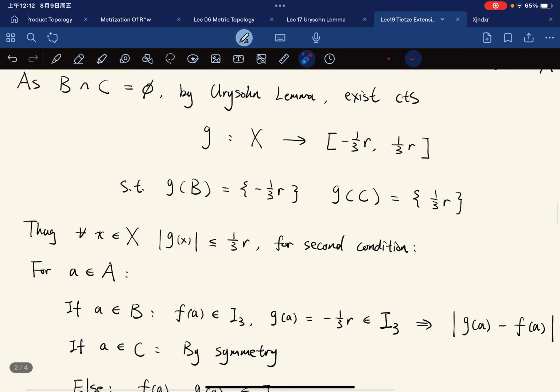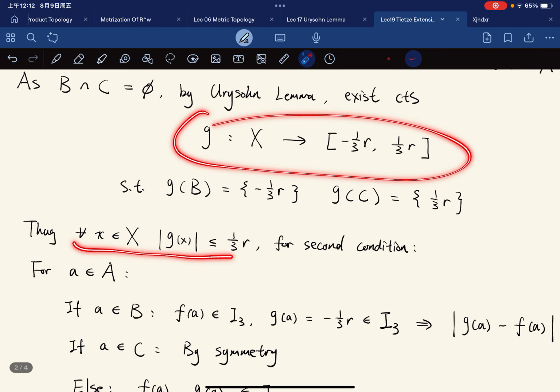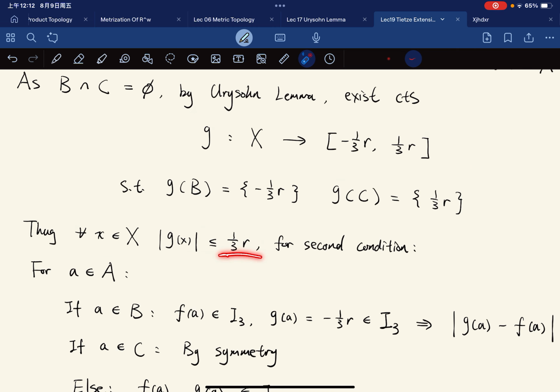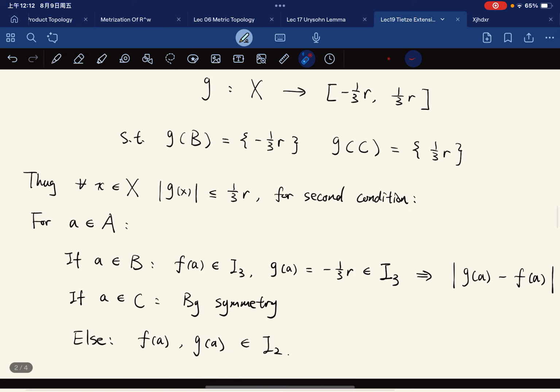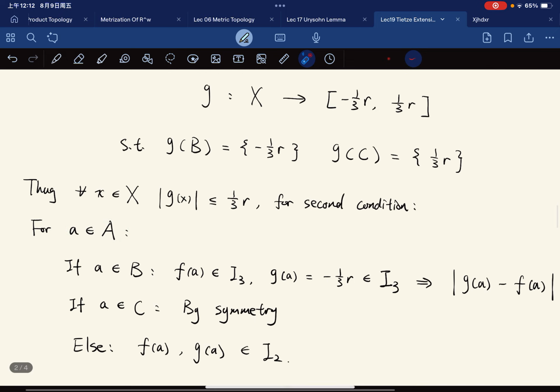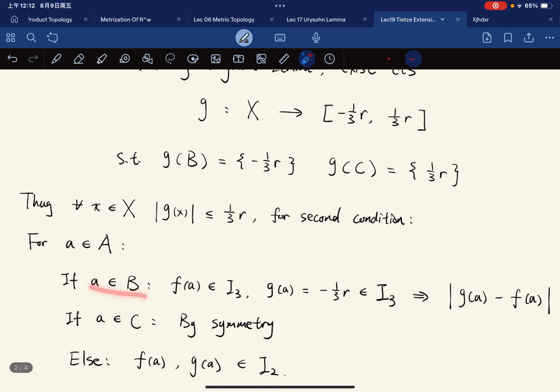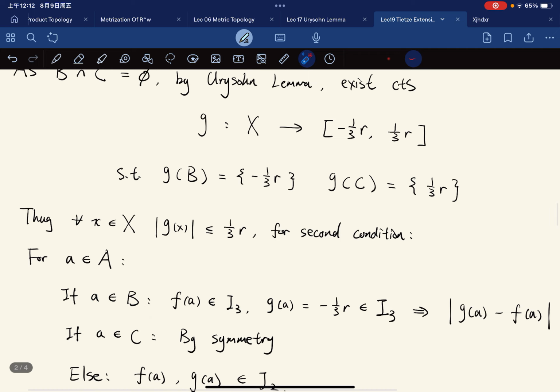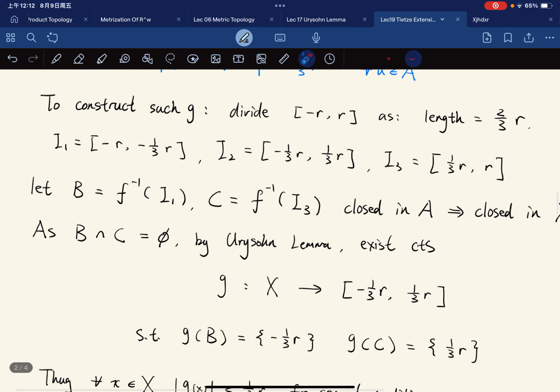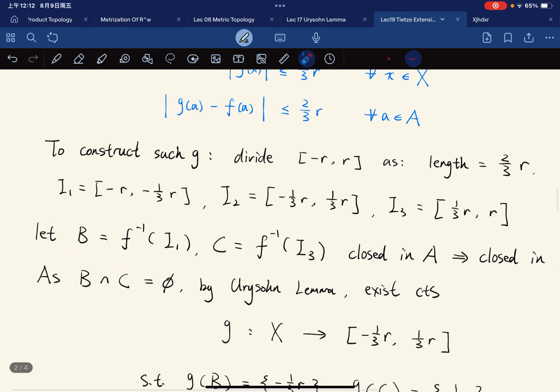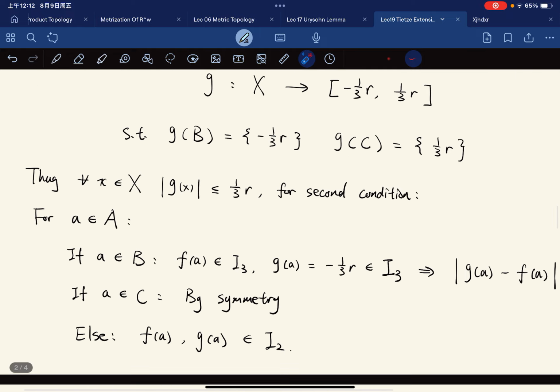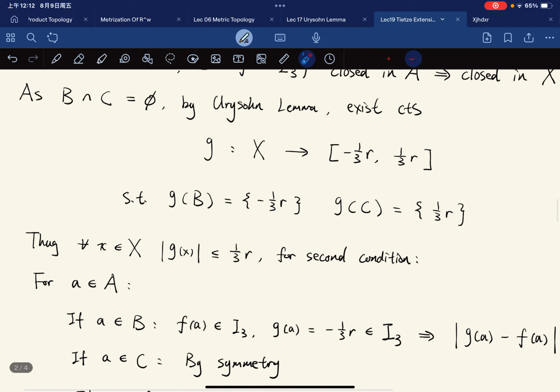Now, from here we already know that G(x) is this desired bound. And for the second condition, for any a in A, if a is in B, then F(a) is obviously in here. This is the definition: F of a for a in B is in I1.